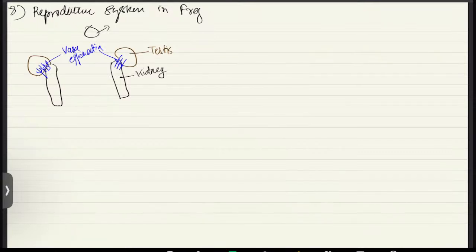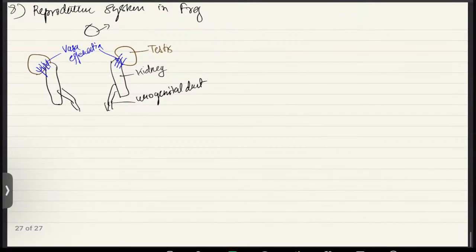The kidney has its own duct, or it's not called ureter, it's called a urogenital duct. This urogenital duct opens into a rectum.